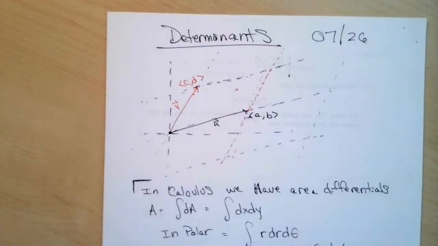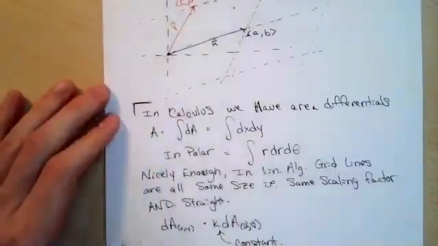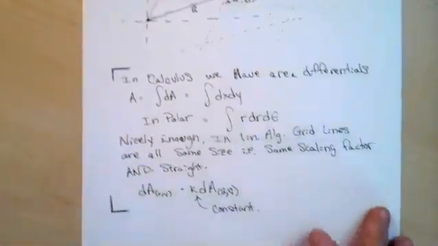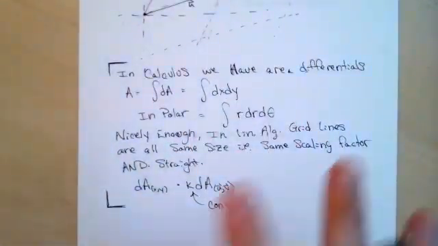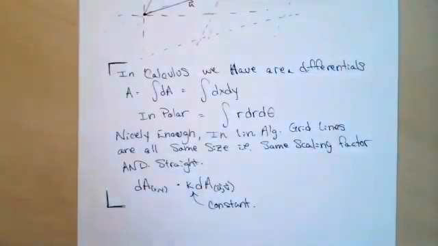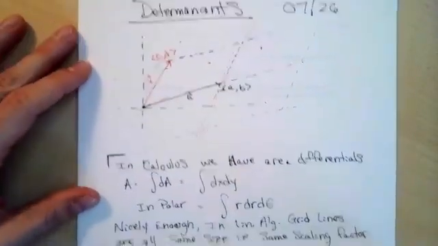That's not too hard. And so this is what's going to lead us to the determinant. So we won't, of course, be doing any sort of integration and won't have to worry about area differentials necessarily. But that's kind of the idea you want to think of. You want to think of it in terms of how are we measuring the space? What does our grid look like?